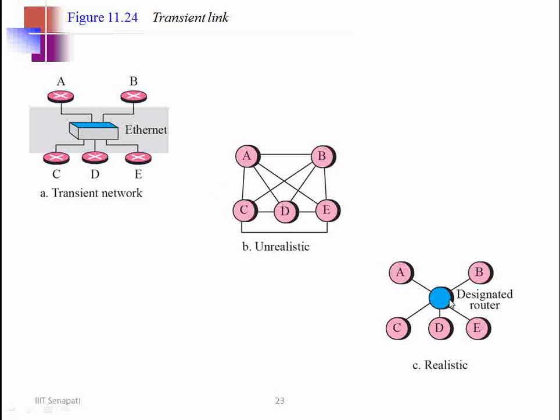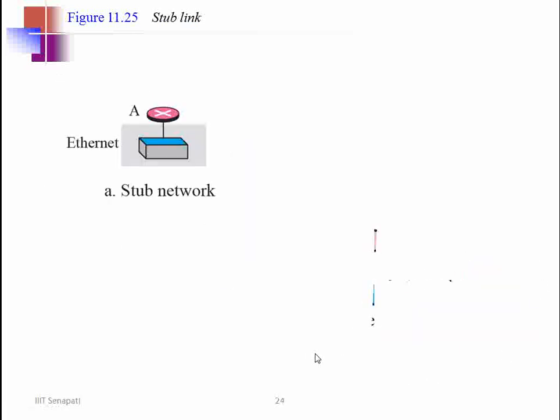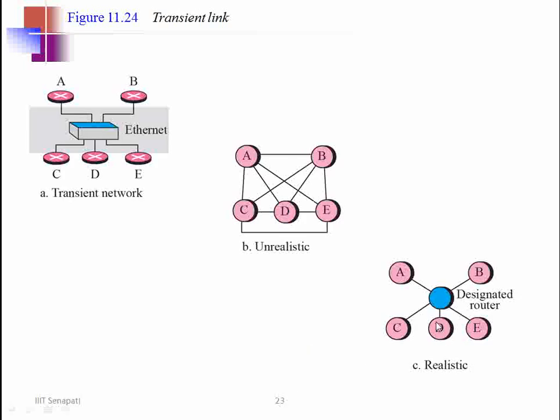So this is a router which may have some other functions, but it is a designated router to maintain the connection between these, right? That is the thing we are talking about. So this is realistic. In this way, a transient network, or a transient link, can be represented.